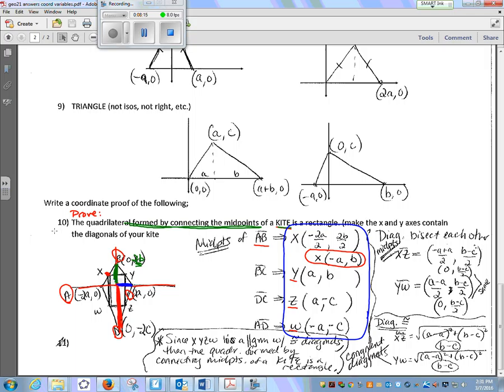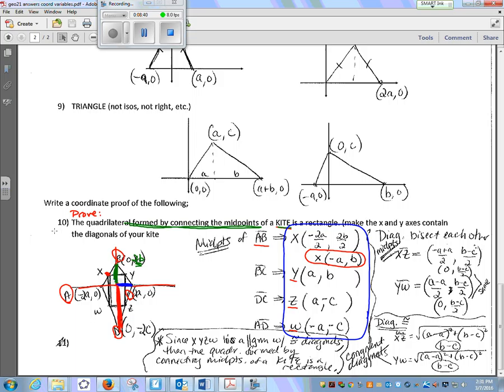So then we have to think, how do we prove that something is a rectangle? Everybody have ideas? What's special about a rectangle? If we can show that this quadrilateral has certain properties, we know for sure that it's a rectangle. Yeah, what do you think? Diagonals are congruent, or each angle is a right angle.